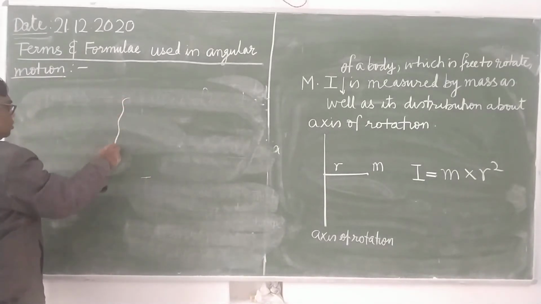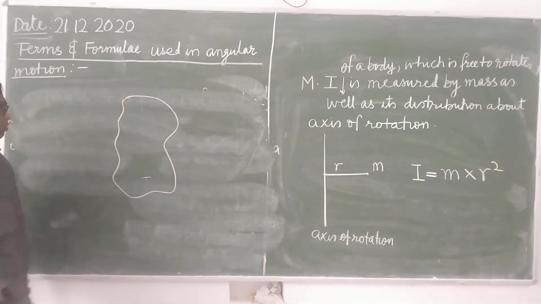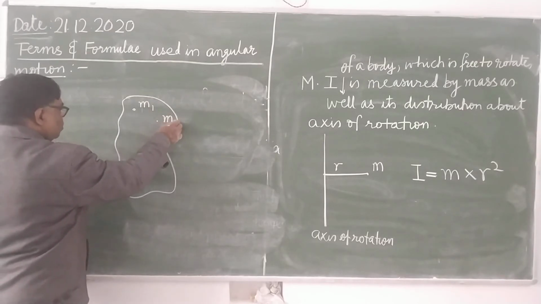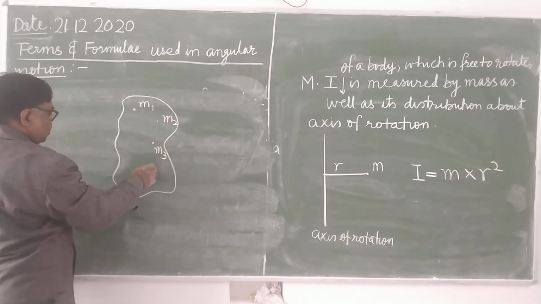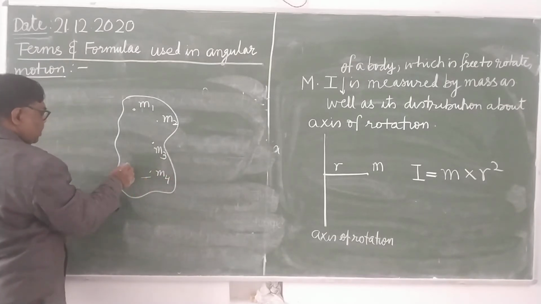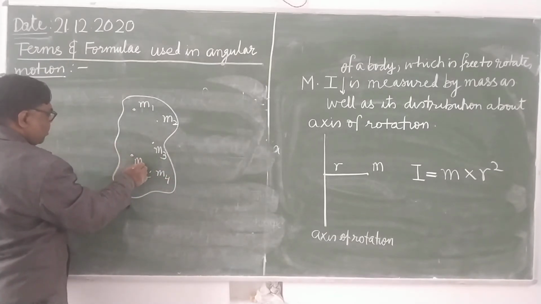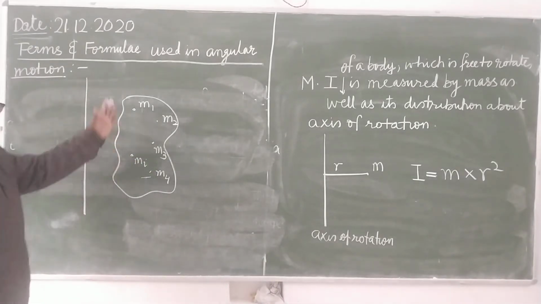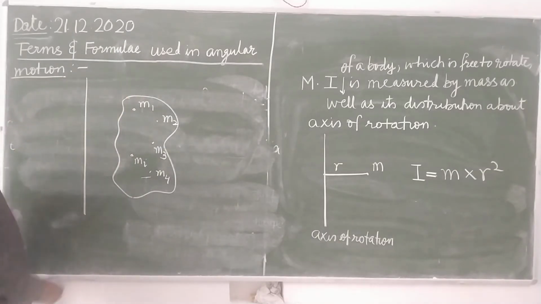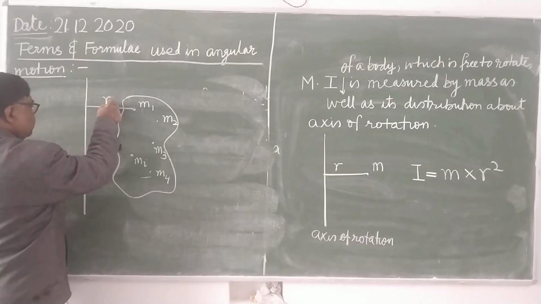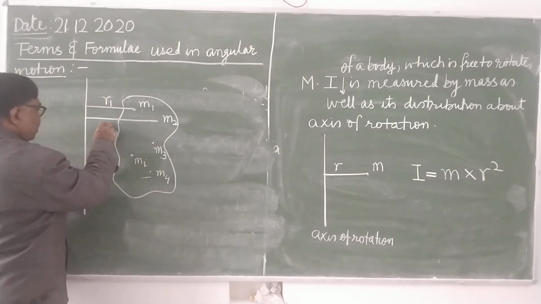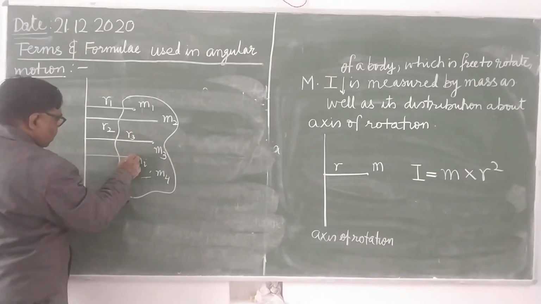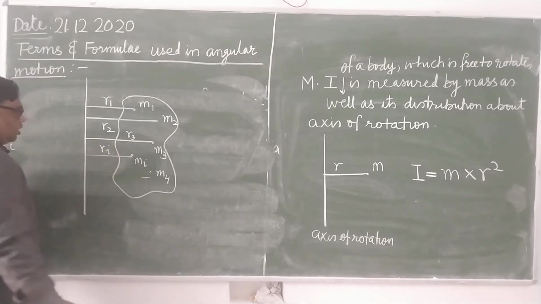Suppose this is a body which is having a number of particles M1, M2, M3, M4 and this is Mi, the ith particle, and suppose the axis of rotation I have taken outside the body. It may be inside also. So let its distance be r1, here its perpendicular distance is r2, its perpendicular distance is r3, its perpendicular distance is ri. In this way.